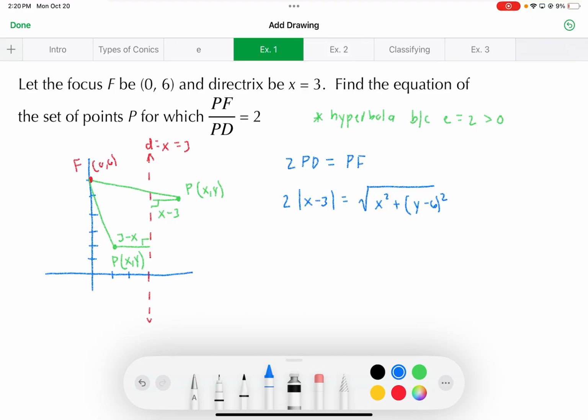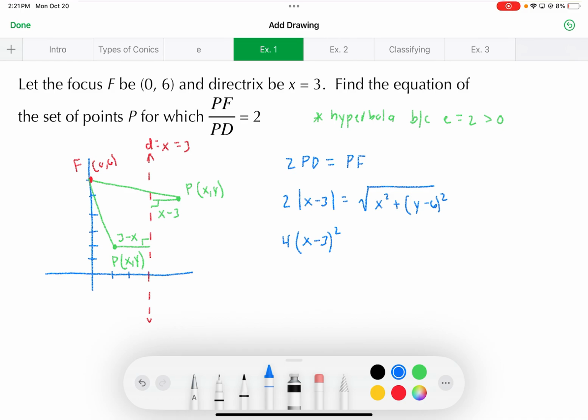Now what I'm going to do is manipulate this and try to simplify it down to an equation of a hyperbola in conic form. All right, so I'm going to square both sides. When I do that, 2 becomes 4, and then the absolute value of x minus 3, you can effectively ignore the absolute value when you go to square it, right?